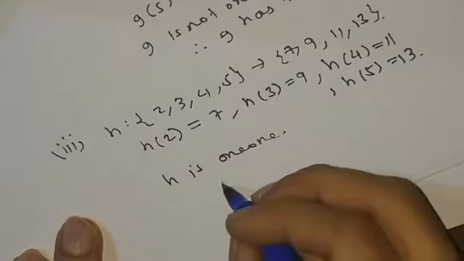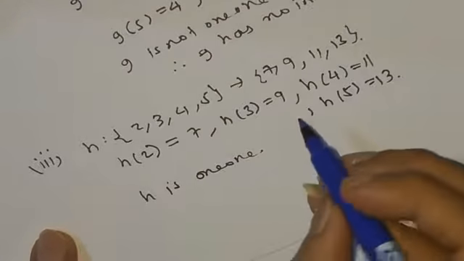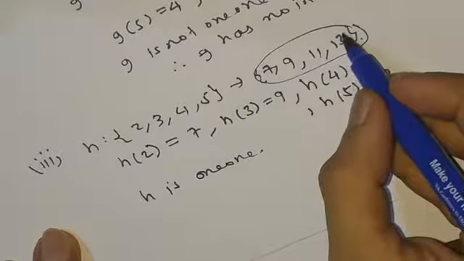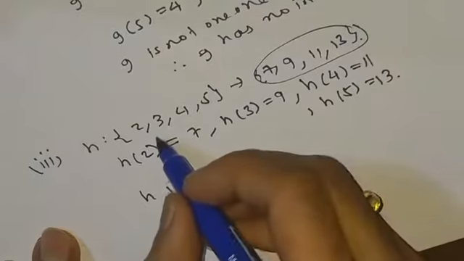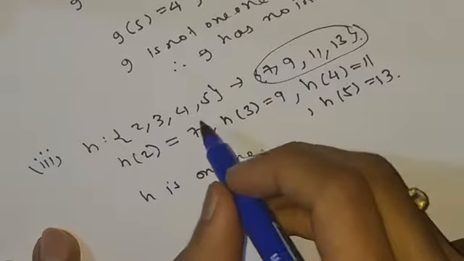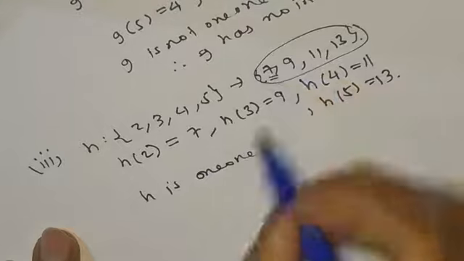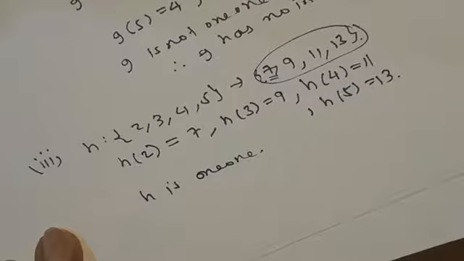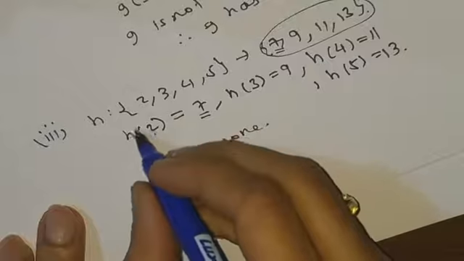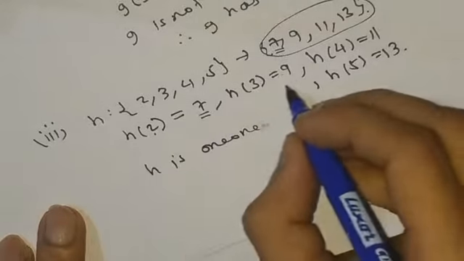So h is 1-1 here, and you can see that every element in the codomain of h has an element in the domain of h such that h of that element is the element in the codomain. Here 7 has the element 2 in the domain such that h of 2 is 7.